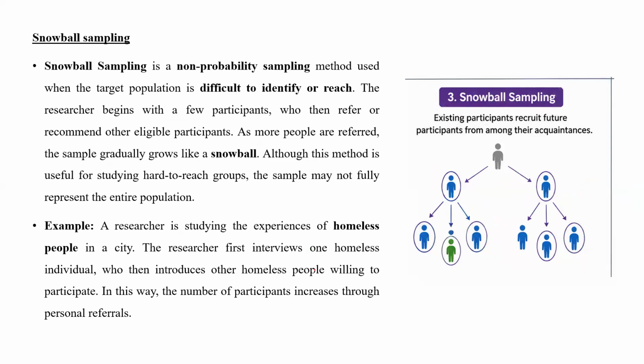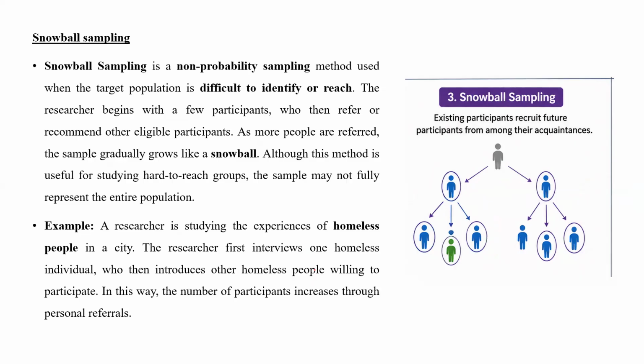And snowball sampling. Snowball is also a non-probability sampling method, used when the target population is difficult to identify or reach. The researcher begins with a few participants who then refer or recommend other eligible participants. As more people are referred, the sample gradually grows like a snowball.